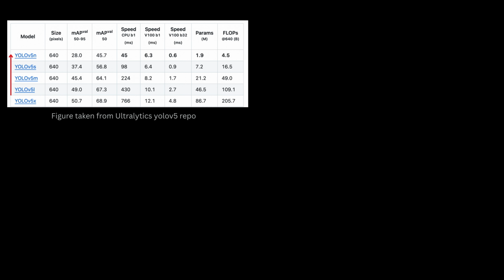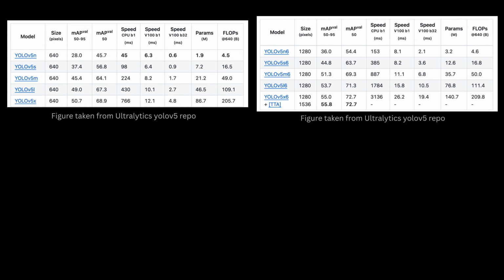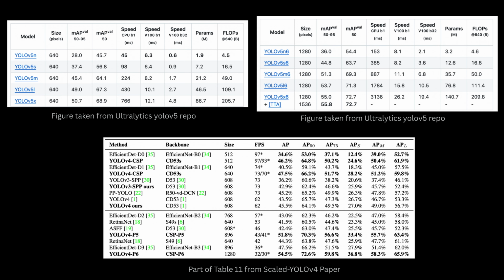With YOLOv5N, accuracy drops to 28, but speed is close to about 150 FPS. Using the P6 versions, the accuracy increases, but again we also see a decrease in speed. And comparing YOLOv5 to V3, V4 and other detectors, one can see that YOLOv5 fares very well in comparison to them.